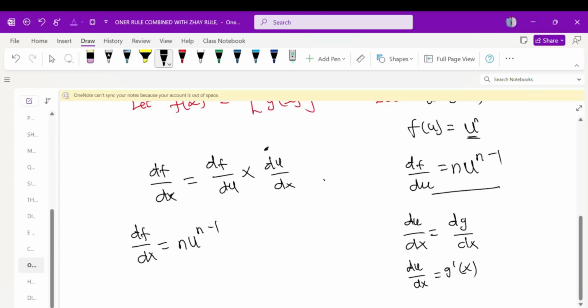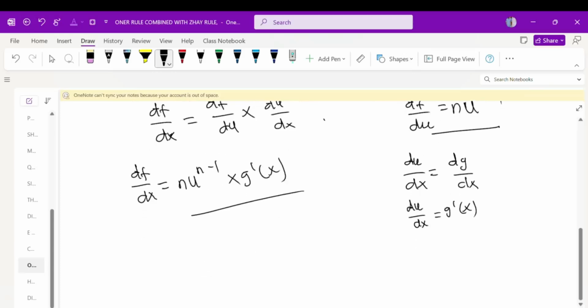Then when you multiply it by du dx, which is g prime of x, you can see that when you multiply the two together, which is giving us the chain rule, it is n u exponent n minus 1 multiplying g prime of x.